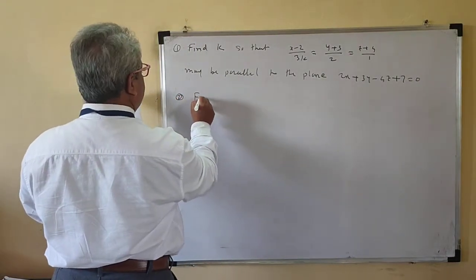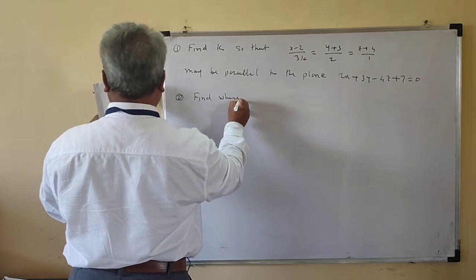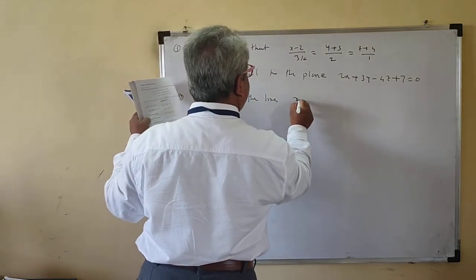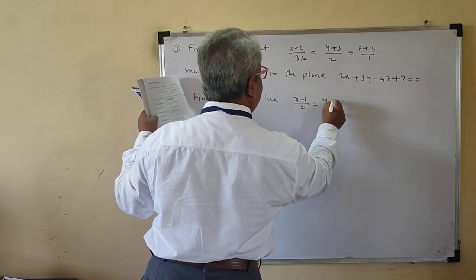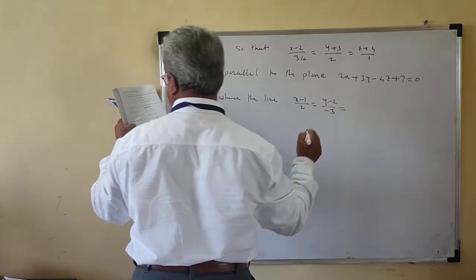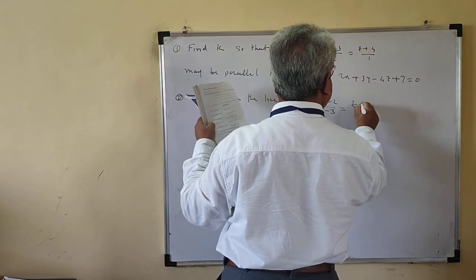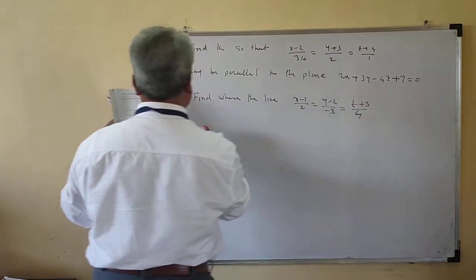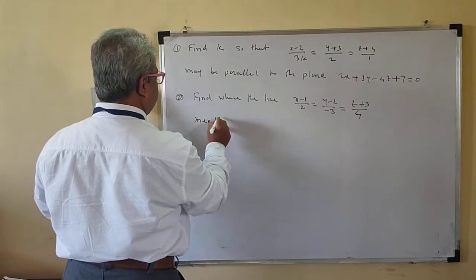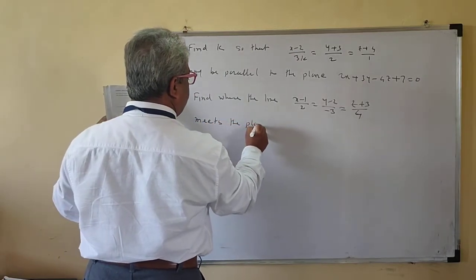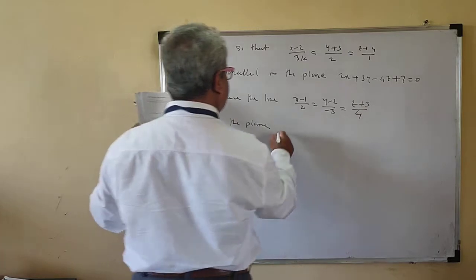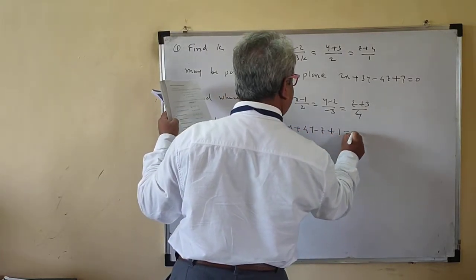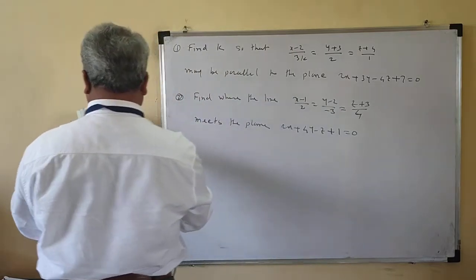Second, find where the line (x minus 1) upon 2, (y minus 2) upon minus 3, (z plus 3) upon 4 meets the plane 2x plus 4y minus z plus 1 is equal to 0.